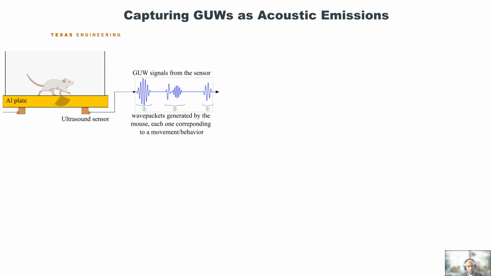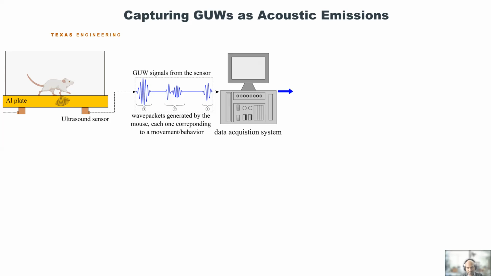What you don't want is, you do a 10-minute open field study, and you have thousands of wave packets in one big signal. You don't want continuous data that somebody has to process. Instead, you have a data acquisition system which can get each of these wave packets and separate them according to the behaviors.